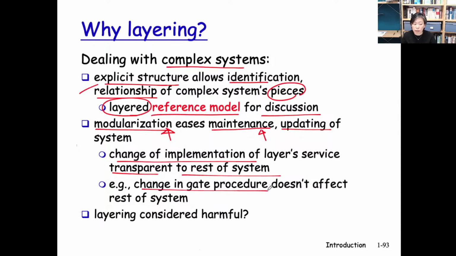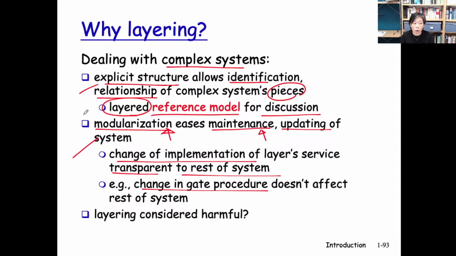All right, so it's just like this. Here's an example. If we change the gating procedure and we decided that we let the first class passengers go last, hey, it's not going to change how the pilots communicate with the traffic control in order to find out which runway to take off. So each module is more or less independent, and the communication across modules, across layers, is minimal.